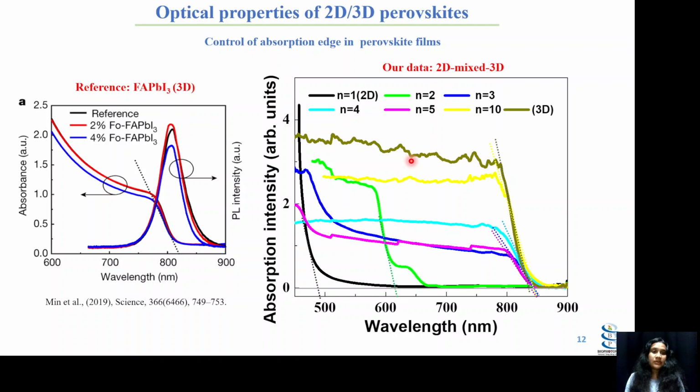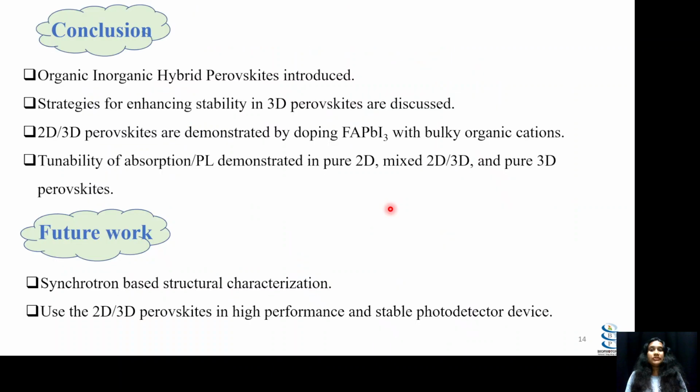So I have demonstrated that 2D mixed 3D perovskites can be synthesized by doping FAPbI3 with various concentrations of bulky organic cations, preferably the divalent ones for higher stability. And I have also shown the tunability in the absorption and PL of the perovskite films I have grown.